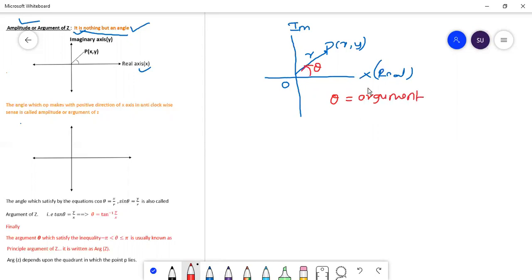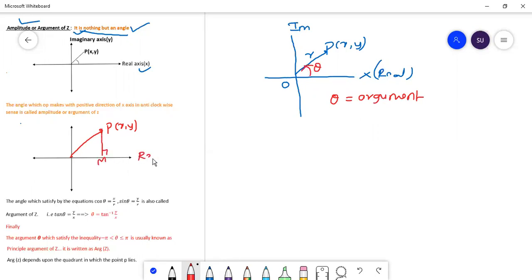Now, see another way of defining this argument. As we said, this is P x comma y, right? Now construct a perpendicular from P to the real axis.